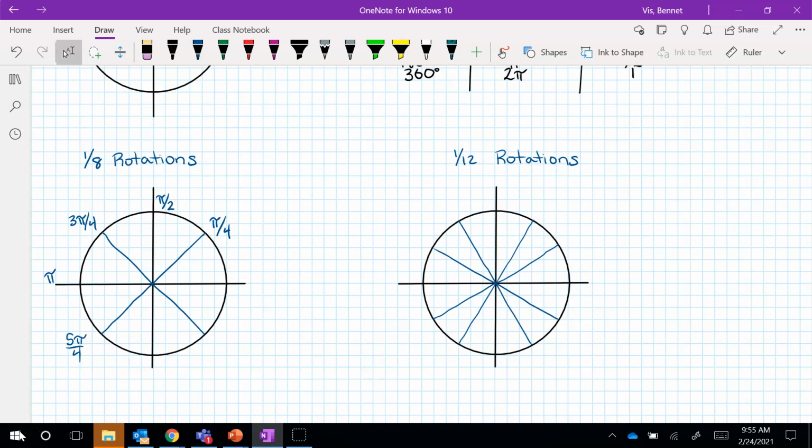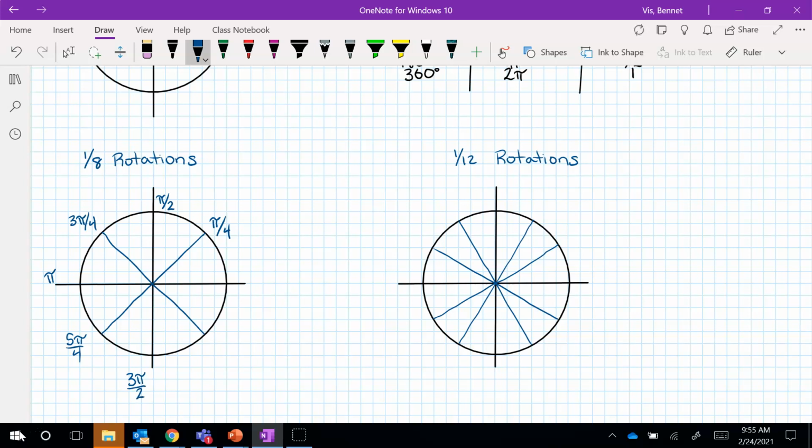If I added on another one, I would get down here at 6 pi over 4, but that's not really how we would write this, because that's not the simplest fraction. You can also think of 270 as being 3 90s to get there, so it's 3 pi over 2, and that's what I would write.